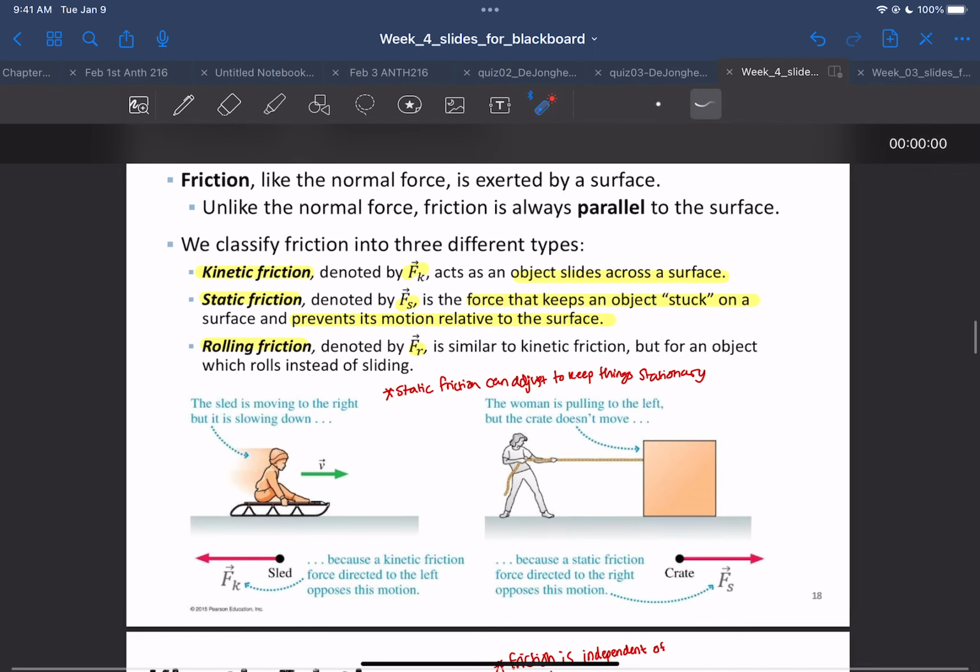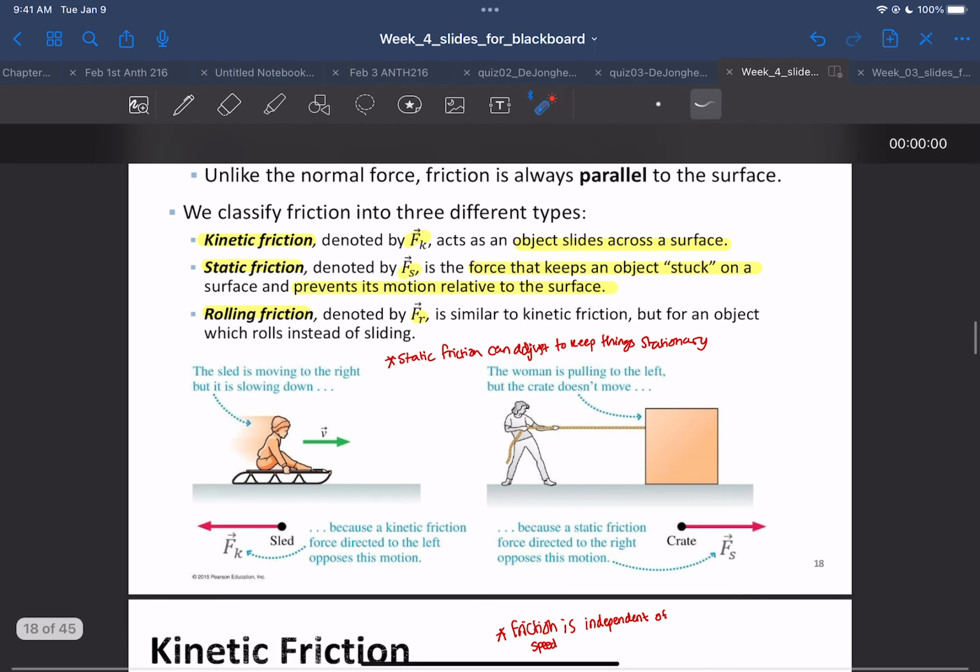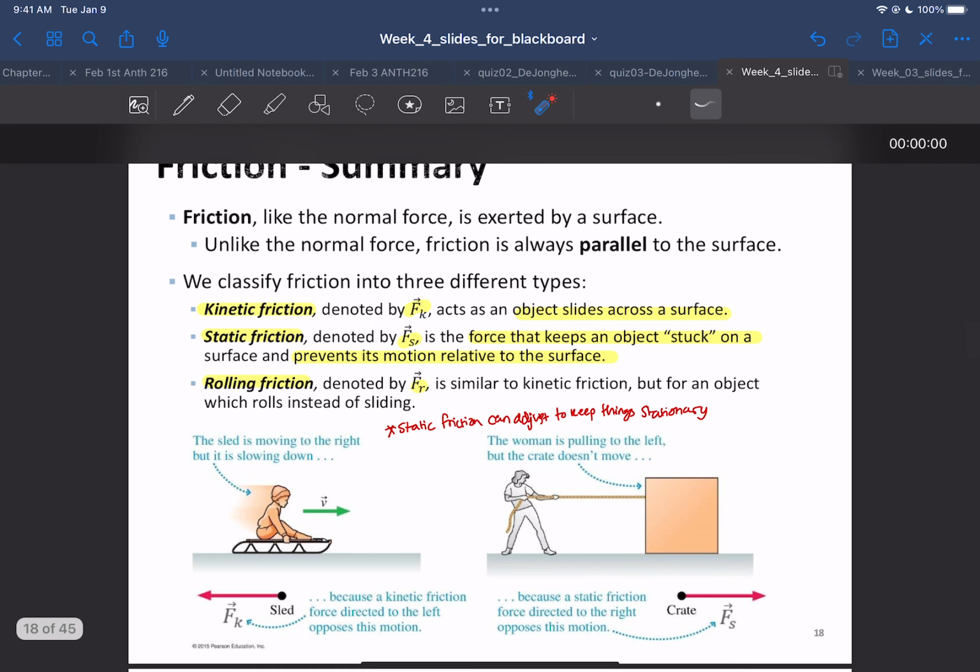Now we're getting to the friction stuff, right? And I kind of went over this earlier, but like I said, kinetic friction is basically the frictional force that is going to be acting against an object that is already sliding, right? And we denote that as Fk, F sub k right there.